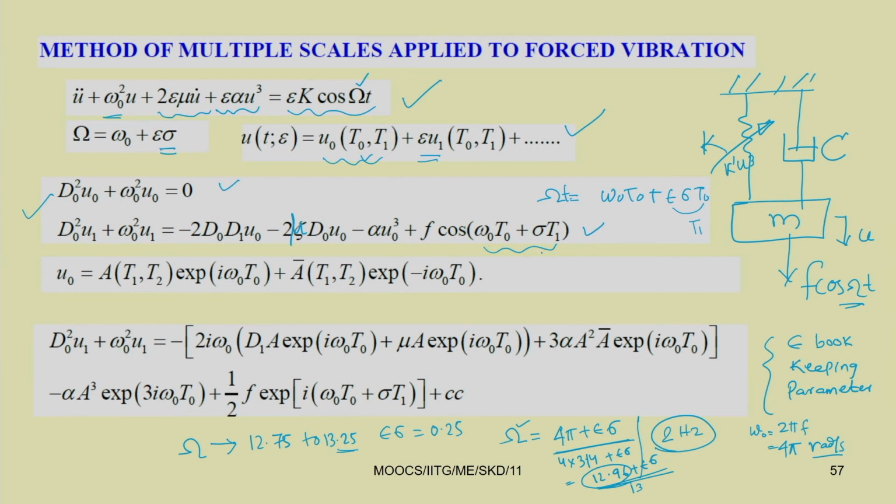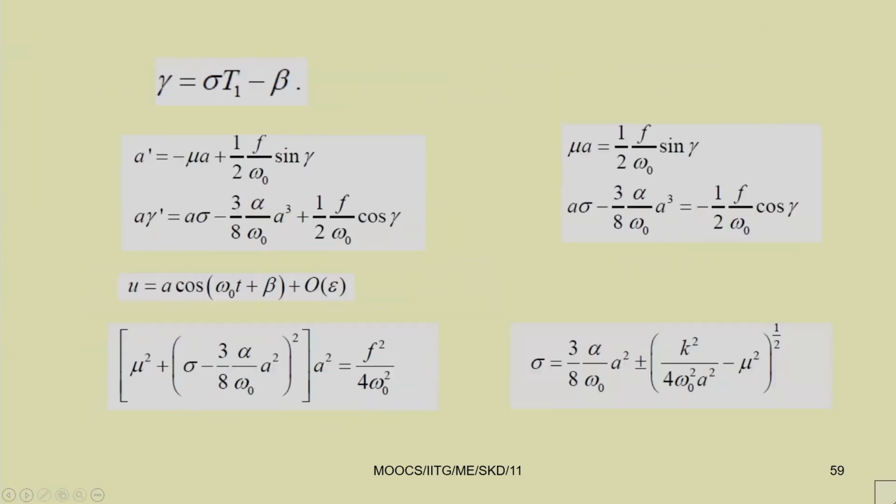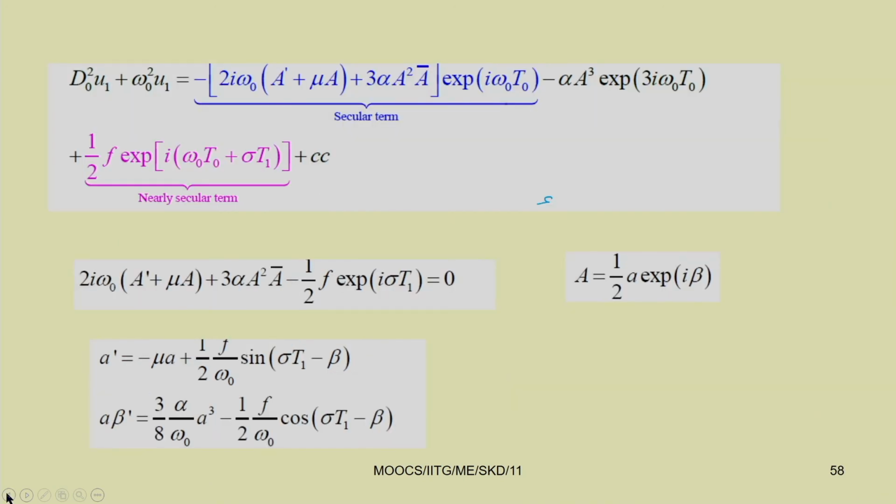The f cos omega t term can be written as cos omega 0 t0, which is e to the power i omega 0 t0 plus e to the power minus i omega 0 t0, divided by 2. You can write this expression for cos omega t0 because e to the power i theta equals cos theta plus i sin theta.